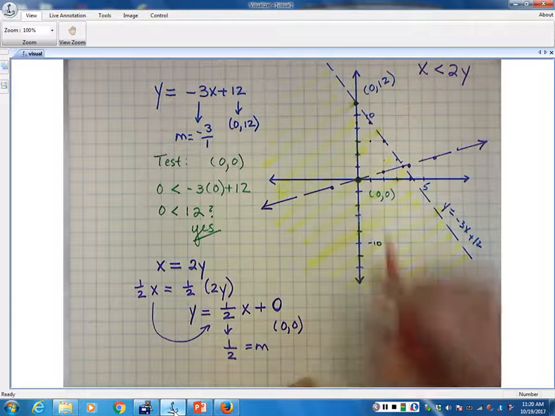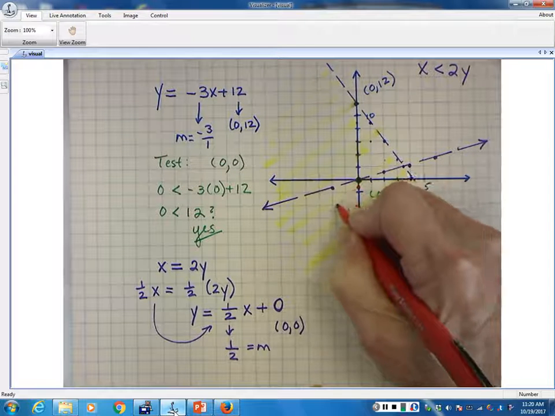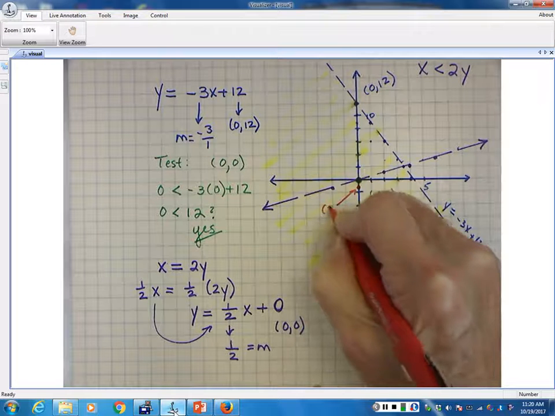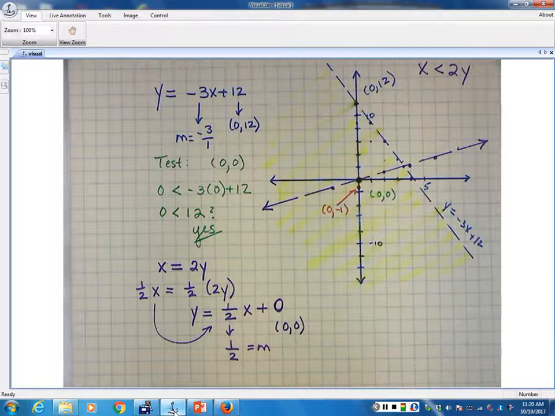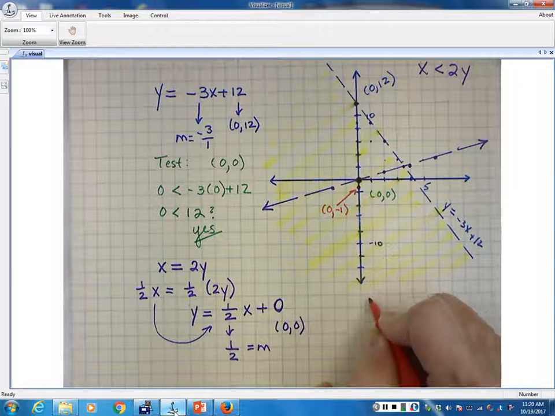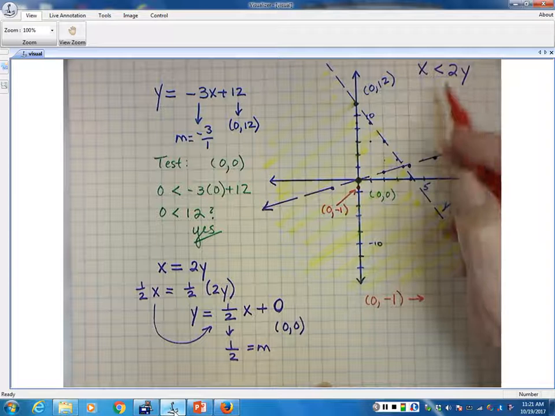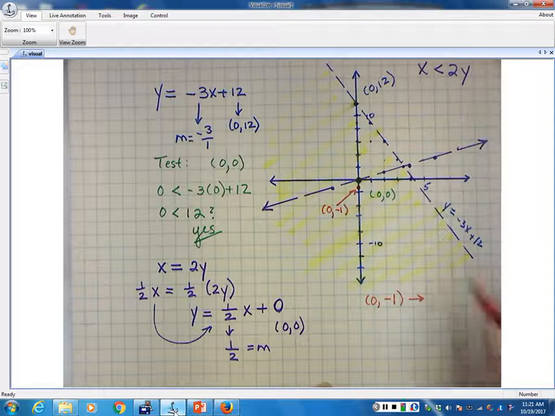Okay. There's 0, -1. I'm going to test that point, and I'm going to test it in x is less than 2y.